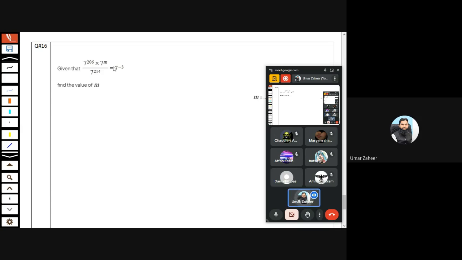Obviously, I'm not sure. I have not done this one. If you find the answer directly, I'm not sure about it. Let me check again. So we have 7 raised to power 206 minus 214. It's minus 8.